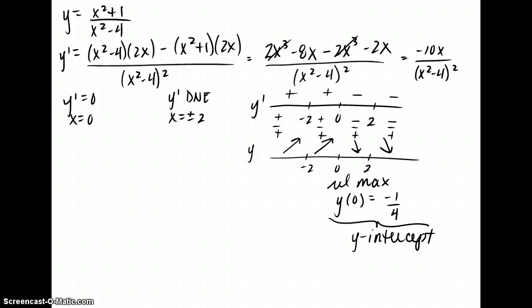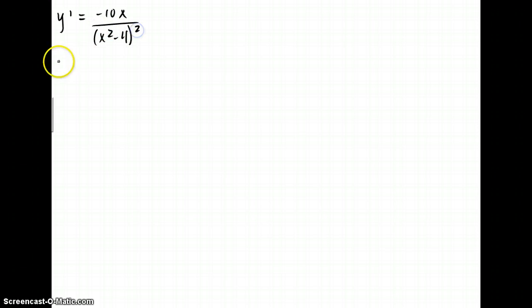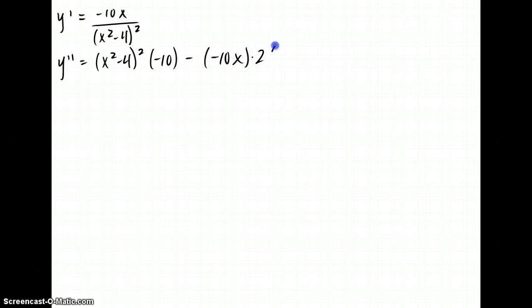Alright, let's look at the second derivative. So y prime was -10x. Second derivative: bottom times the derivative of the top, minus top times the derivative of the bottom, using power and then chain rule, all over bottom squared.